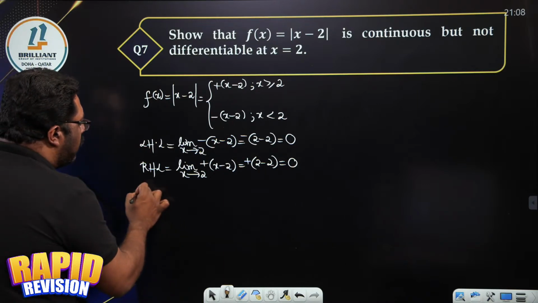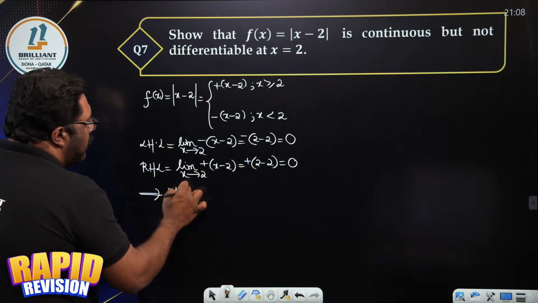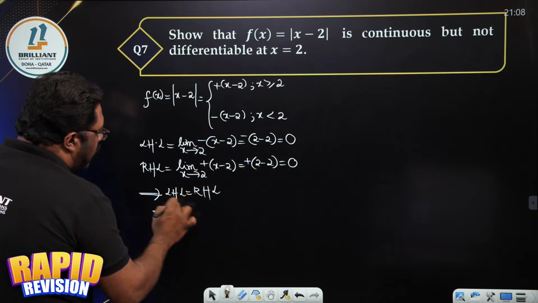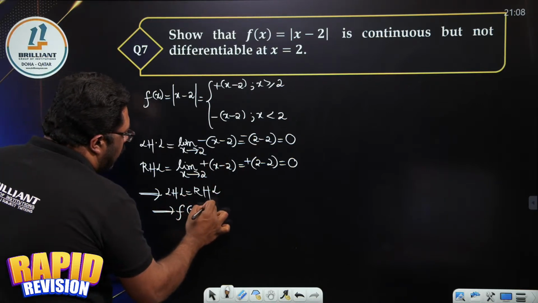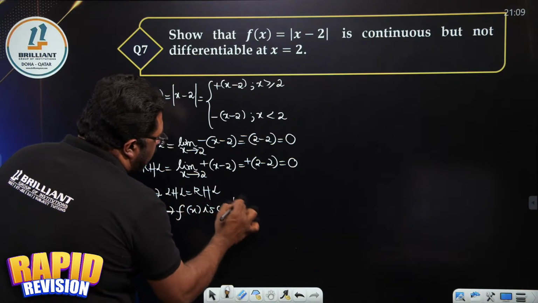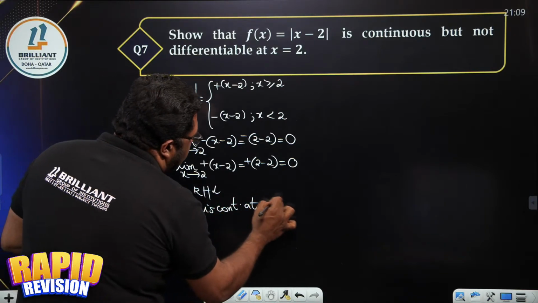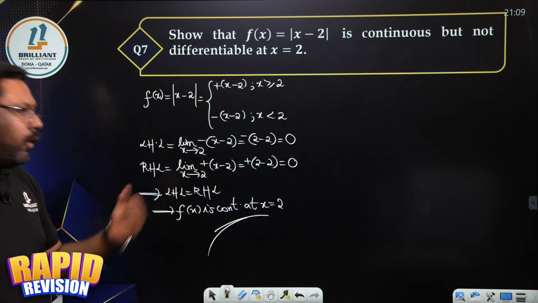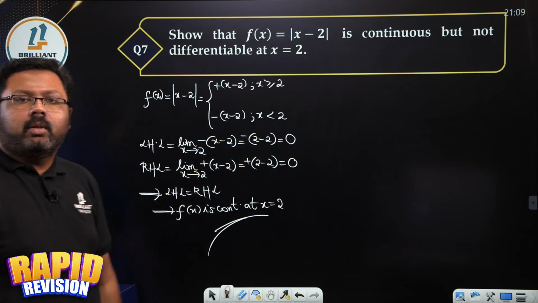So I can conclude LHL equals RHL, which implies f of x is continuous at x equal to 2.